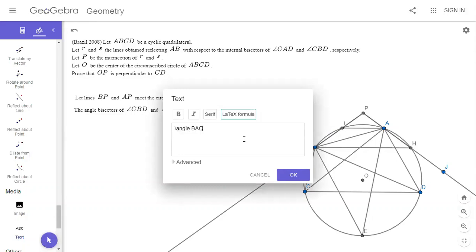So angle BAC is equal to angle BAE minus angle CAE, which is equal to angle JAE minus angle DAE, equal to angle HAC.